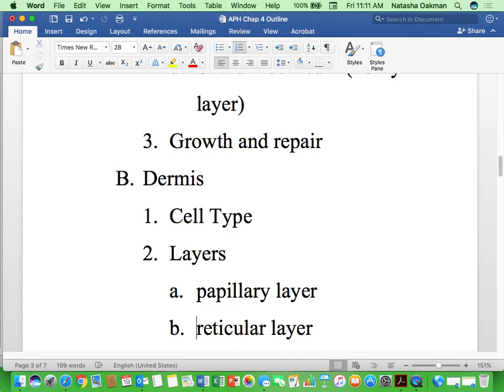The dermis in general contains a lot of collagen and elastin, once again structural proteins.